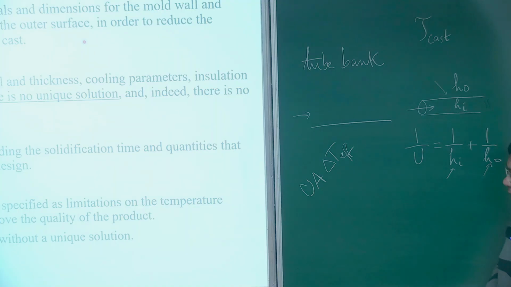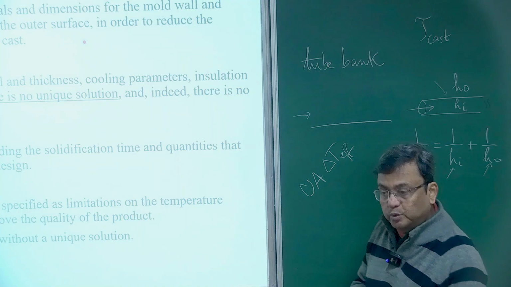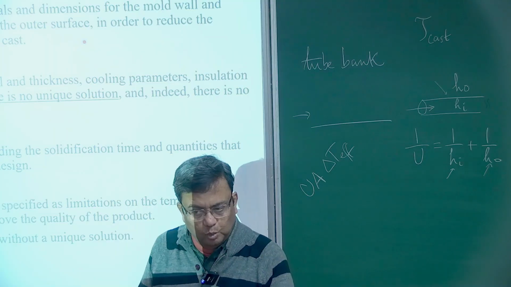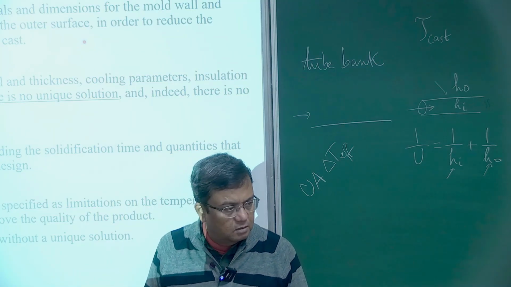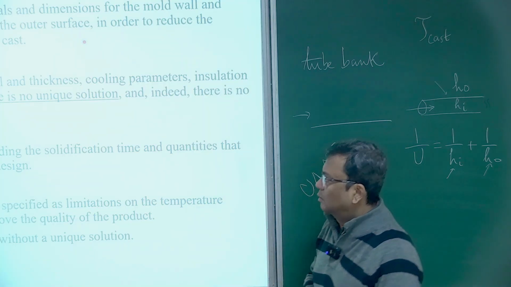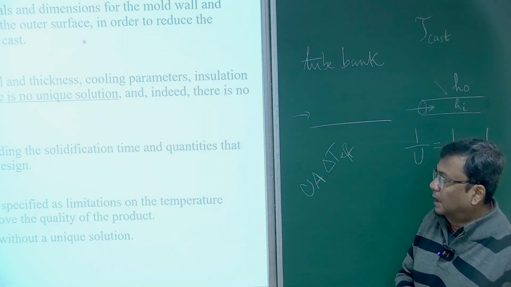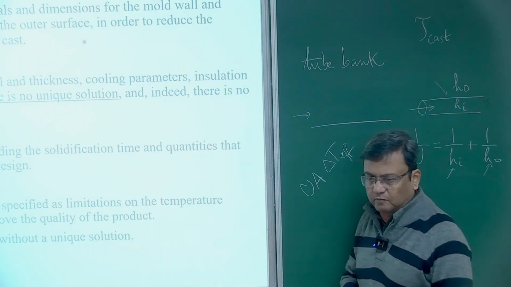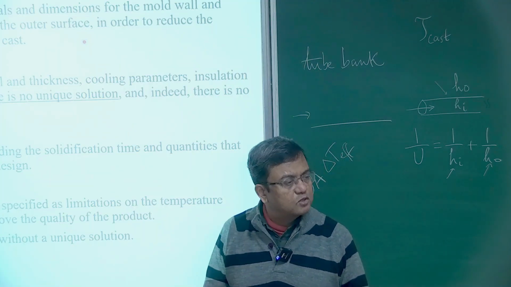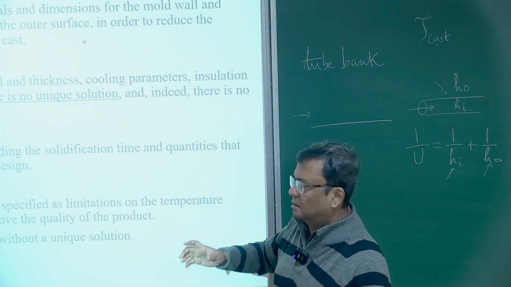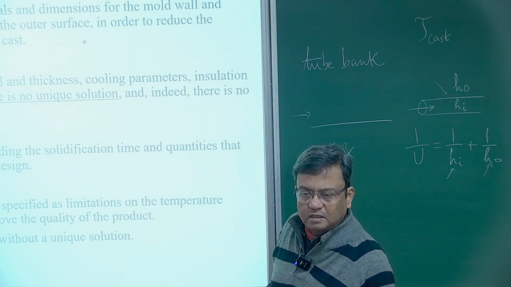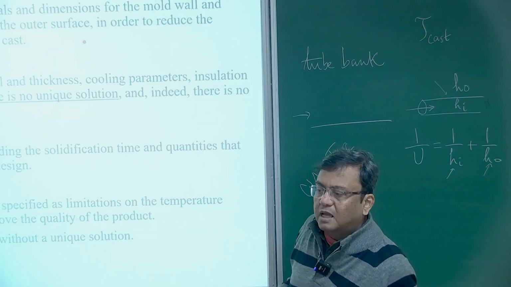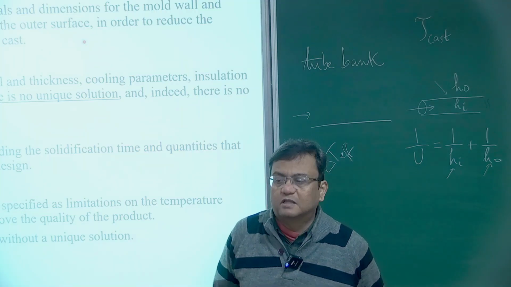If you want to reduce the casting time below a specified value, tau cast should be less than this one. Okay. If each one of you does this problem individually, then you will make various choices of materials and insulation material dimensions and all that, and you will end up with various designs.